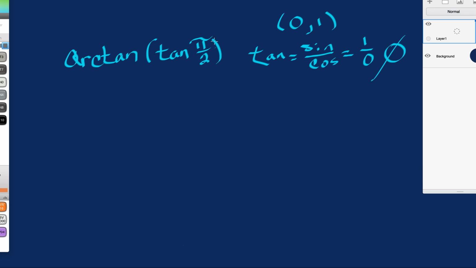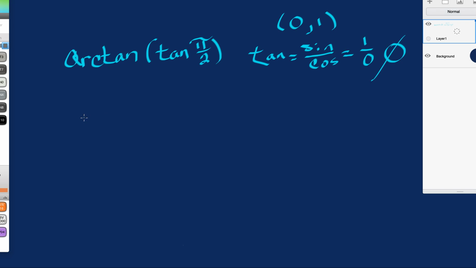So if this doesn't exist inside the parentheses, we can't find the inverse tangent of it, okay? So yes, you will be tricked into thinking we could say that this is still pi over 2, but because this doesn't exist, we can't do any mathematics with it, all right?